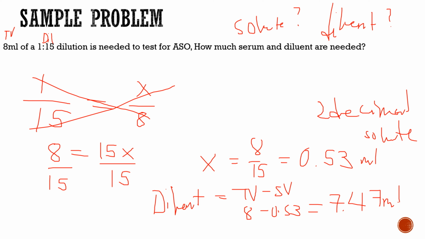So, di ba madali lang siya, class? So, I hope you were able to understand the computation when it comes to simple dilution. So, sa mga cases yan wherein unknown yung mga serum and diluent. Pero given yung total volume, given yung dilution.